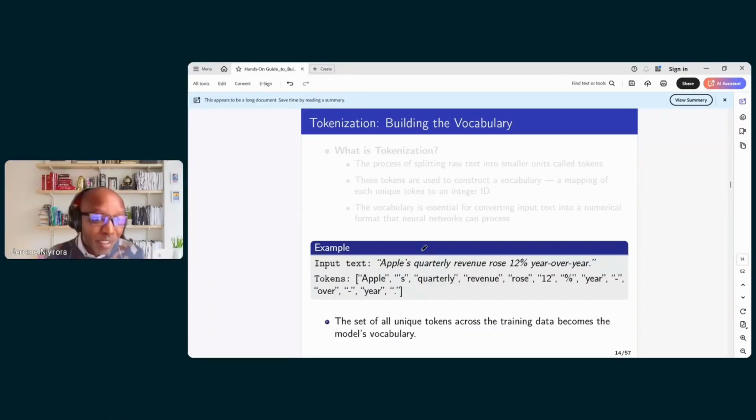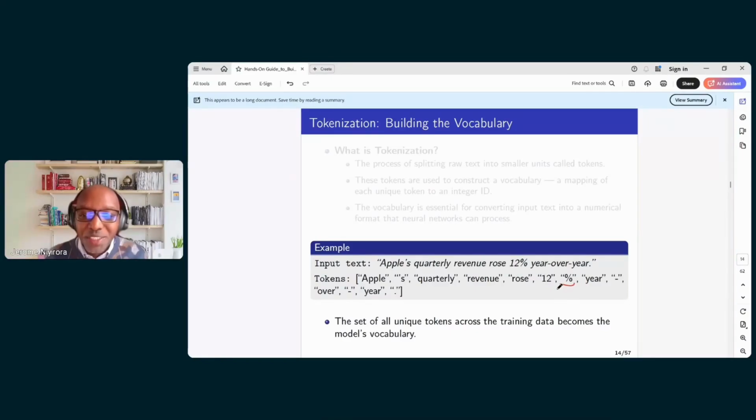So your first step is to create the tokens. You're going to essentially split the text by the characters or by space. And then you end up with something like this: Apple, then an apostrophe s, quarterly, revenue. You can see that even the numbers and the percentage characters are separated. They're considered separate things because the model has to learn what comes after what, right?